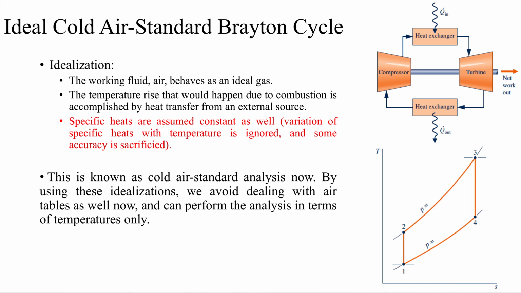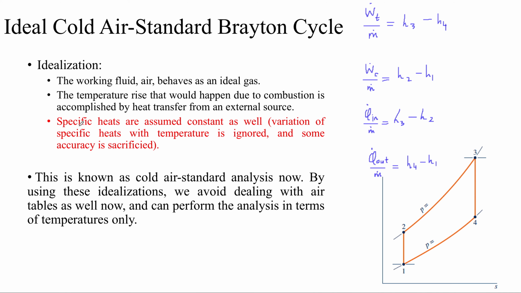But now, instead of going into air data tables for enthalpies, we can just look at temperatures, and using those temperatures we can find out, let's say, the work done or the heat contents or the thermal efficiency.